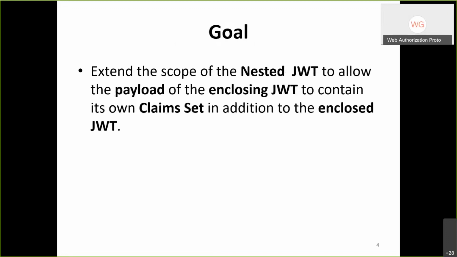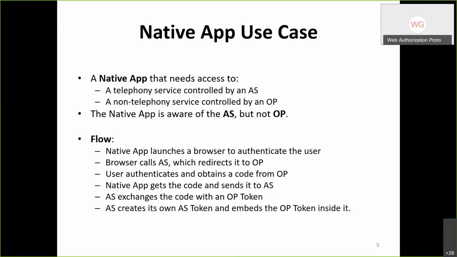So the goal of this simple draft is really to extend that scope, meaning that we want also the enclosing JOT to have its own claims beside whatever the nested JOT itself has. So there are three use cases. I think we've talked about 2 of them in the past, and we added another one that we'll talk about in a second.